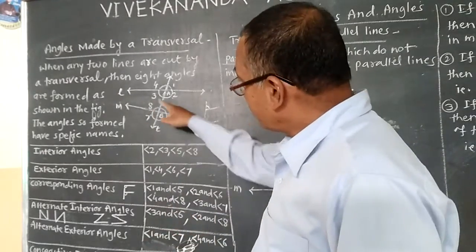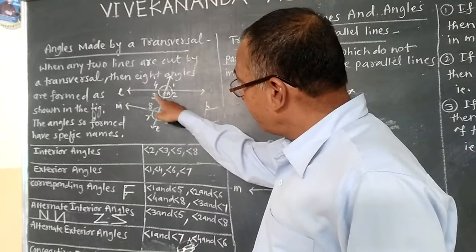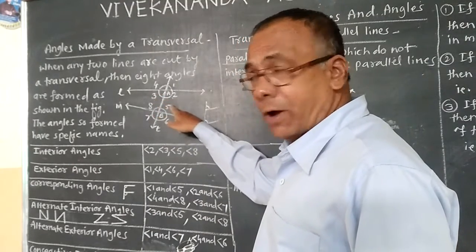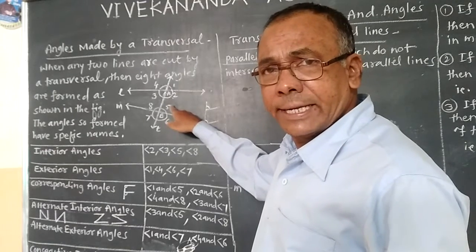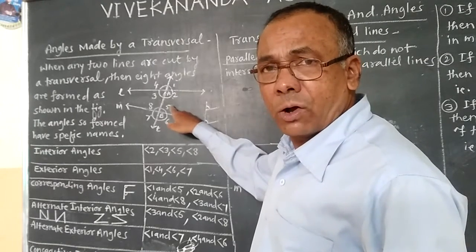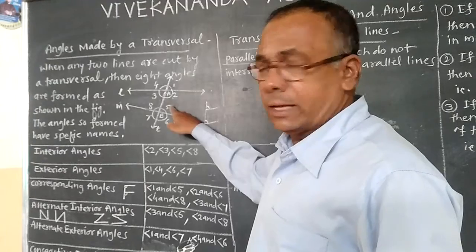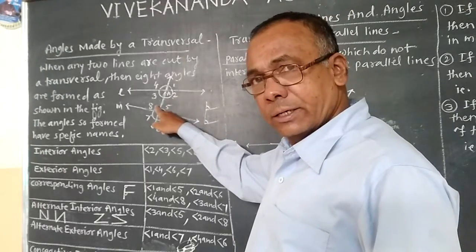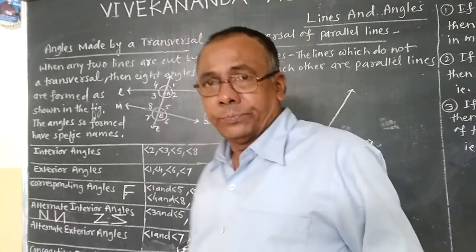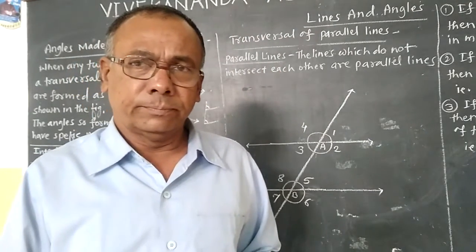Out of the 3 and 5, ये दोनों अल्टरनेट इंटीरियर एंगल्स हैं. Means one pair of alternate interior angles and the other pair is 2 and 8. Now how to remember?